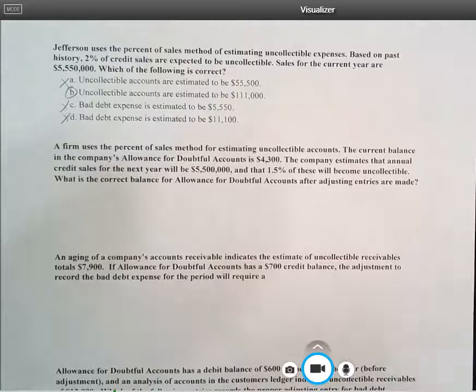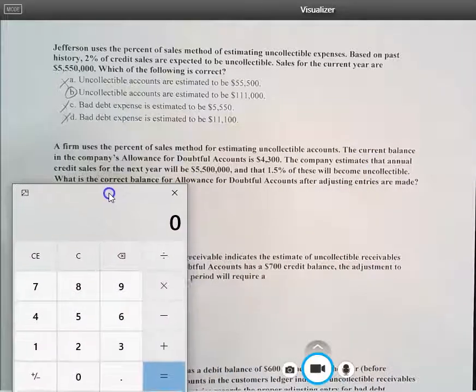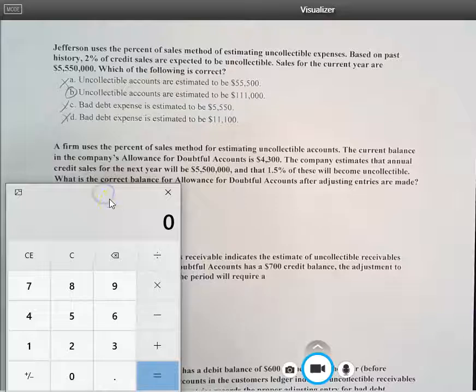Okay, so not a lot to this question. If anything else, we're going to find out that this is something that's fairly simple. It says that we're using the percent of sales method. So all we have to do because of that is take our figure for credit sales.